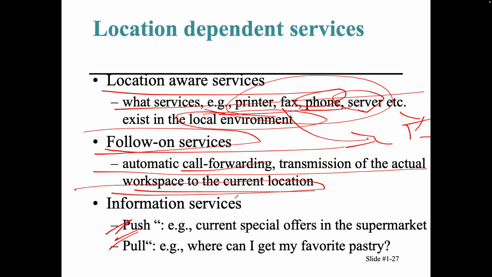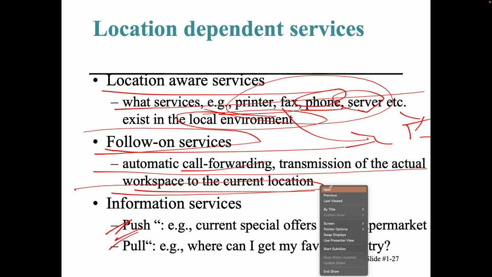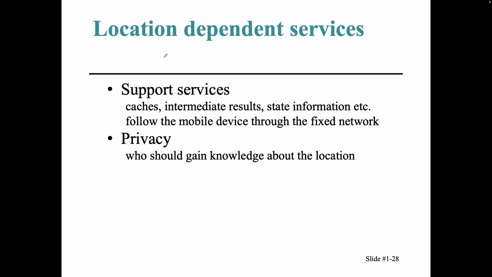I think that is what they're saying. But it doesn't matter. Location dependent support services, cache, intermediate results, state information, etc. Follow the mobile device through the fixed network. Privacy. Who should gain knowledge about the location? Okay. Where is this even coming from in location dependent? Zero idea, but sure.